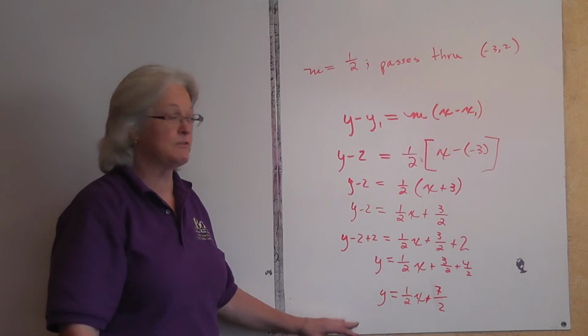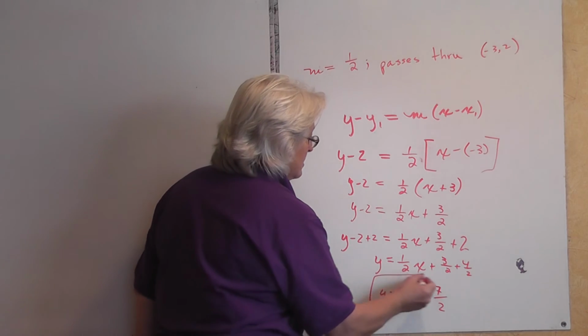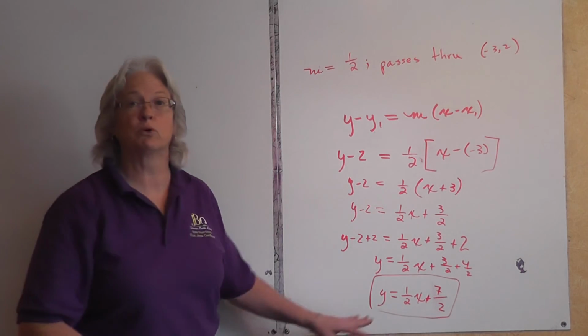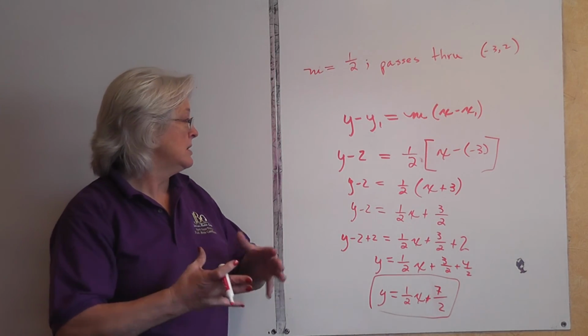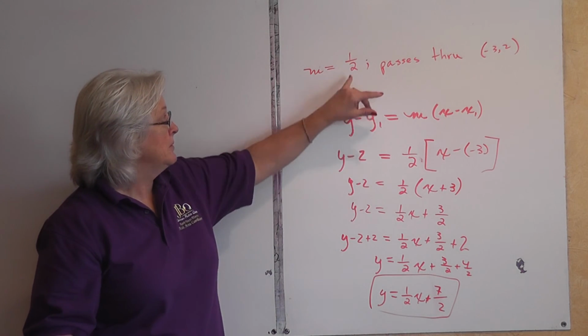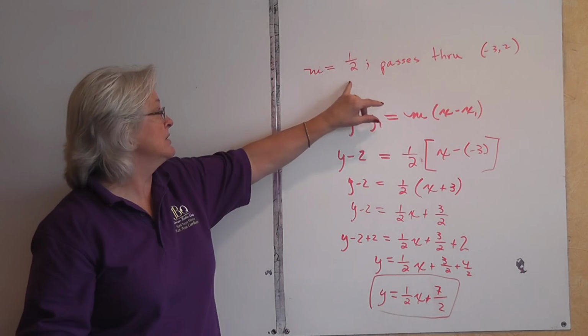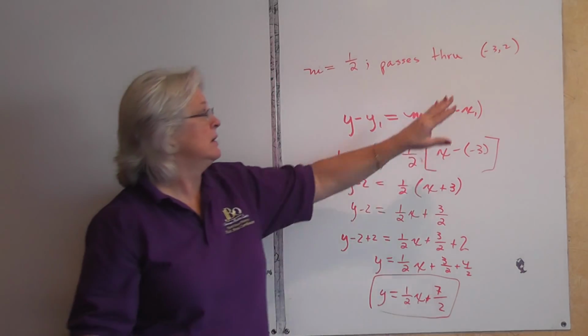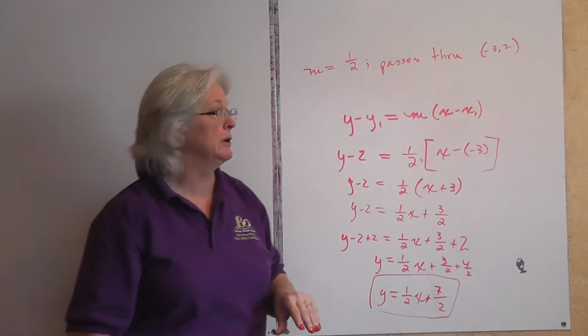It's very easy to find the equation of a line. Sometimes you have a little bit of algebra that you have to do to distribute, use your fractions. But you were just given two little pieces of information. You were given the slope of a line, and you were given any point on the line.